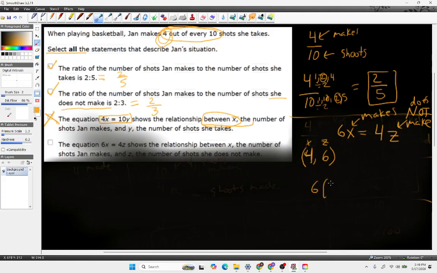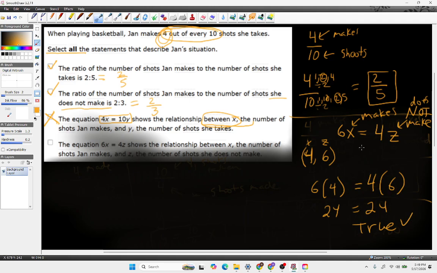So 6, and wherever there's an x, I replace it with a 4. Notice how when I do this, the x is not there anymore. When you substitute a value in, it is being replaced. The x is a placeholder for a specific number of shots made. 4, and then for z, we plug in 6. 6 times 4 is 24, and 4 times 6 is 24. This is true.